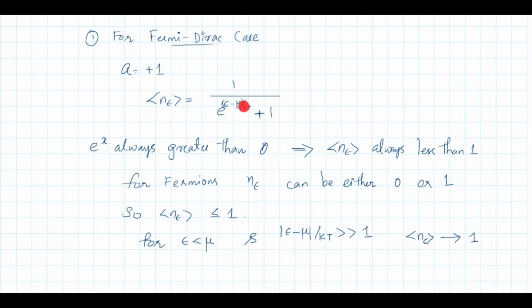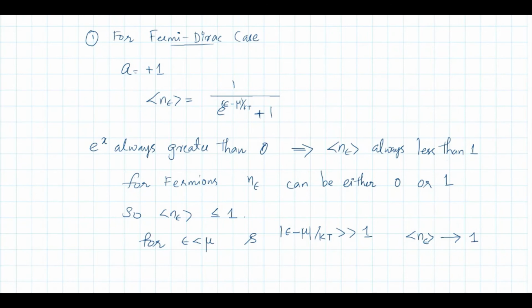So 1 divided by 1 plus a quantity which is greater than 0 will always result in a quantity that is less than 1. If you have a quantity 1 by 1, that is 1. If the denominator increases, then the value will decrease. So e raised to epsilon minus mu by kT is always greater than 0, so the occupation number is always less than 1. For any single particle state, in the case of Fermi-Dirac, the occupation number is less than 1.